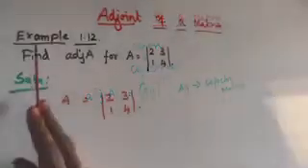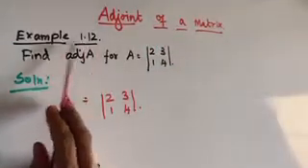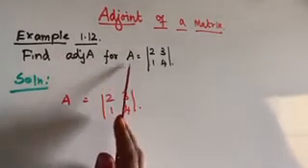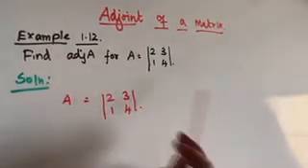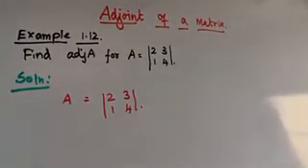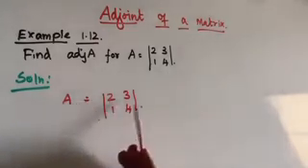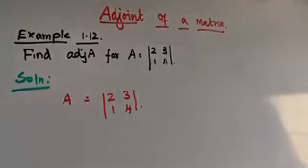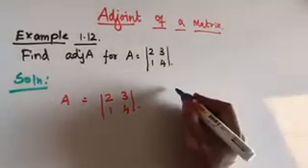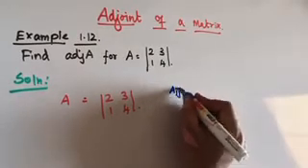Example 12. Find adj A for A is equal to 2, 3, 1, 4. This is the matrix A. We have to find the adjoint of this matrix. To find the adjoint, first we have to find its cofactor matrix. The cofactor matrix we write in the form Aij.